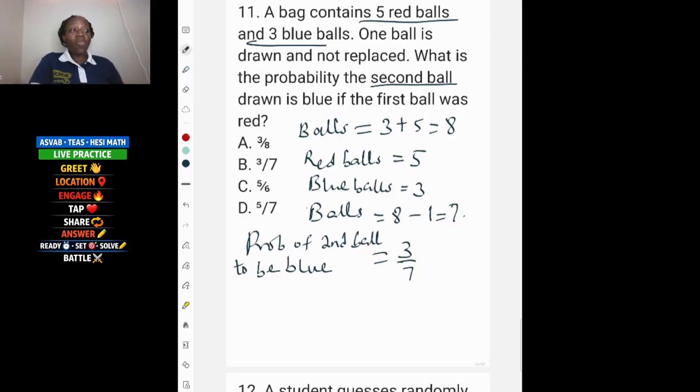What is the probability of having the second ball drawn to be red if the first is red, like that? So now that they're talking about replacement, not replacement, they can tell us the probability of picking, let's say without replacement.